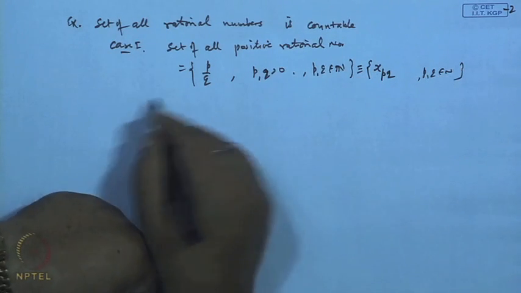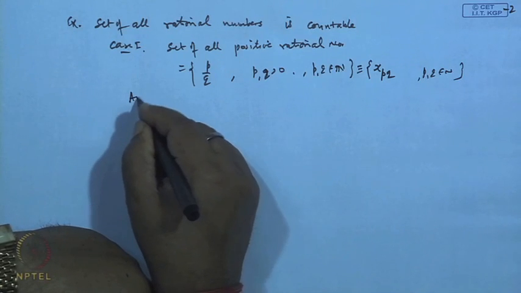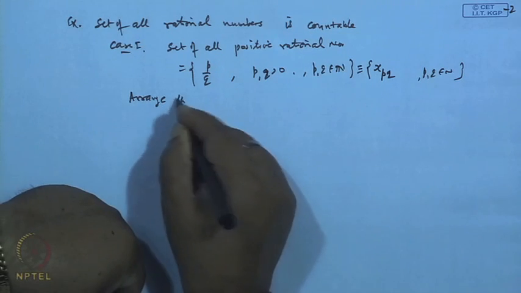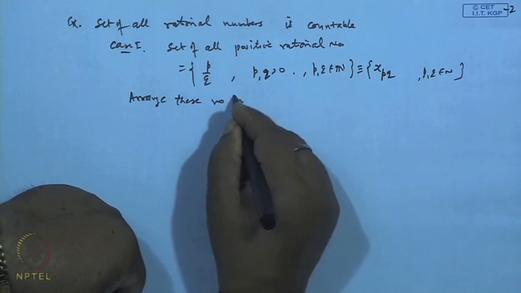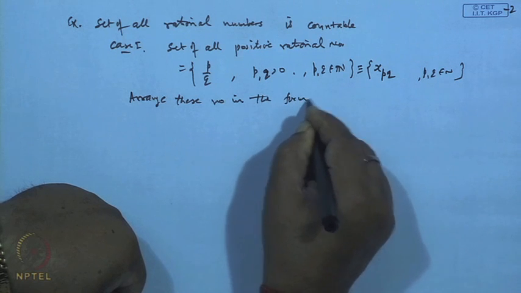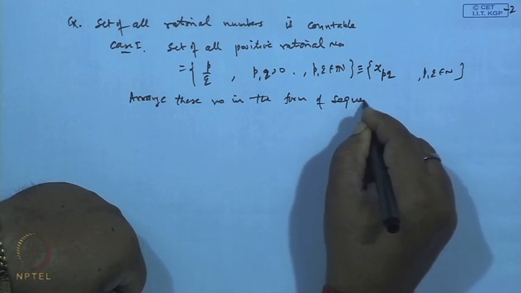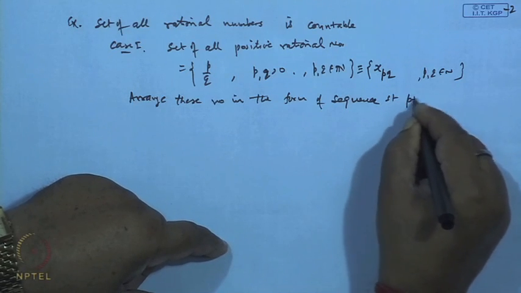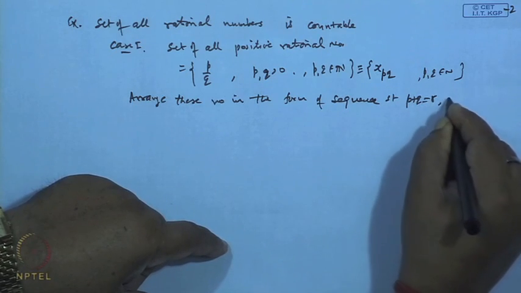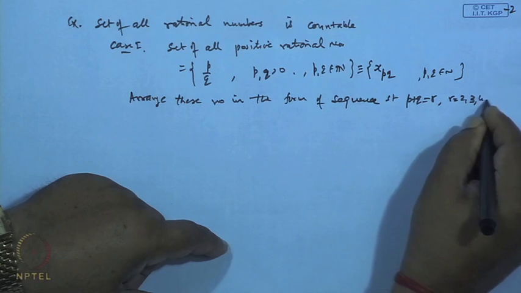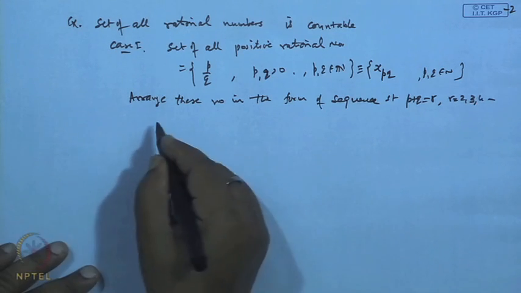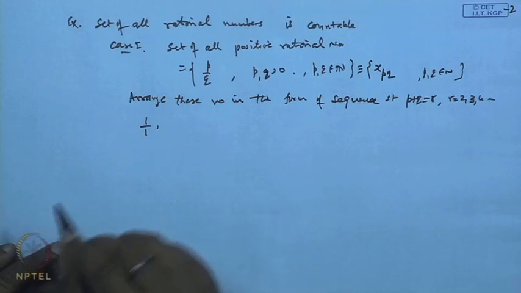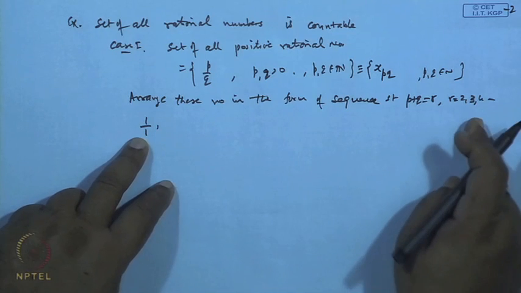Then we can arrange these numbers in the form of a sequence such that p plus q is r, where r is 2, 3, 4 and so on. It means we can put it this way: 1 by 1, the first term, so that p plus q is equal to 2.